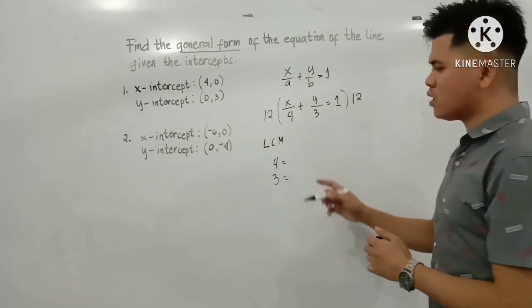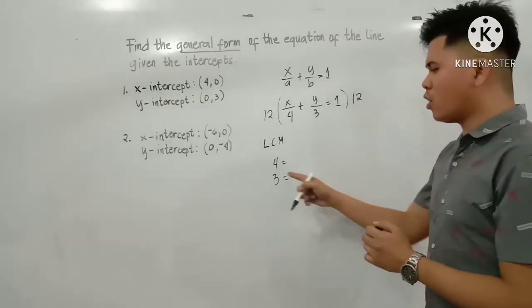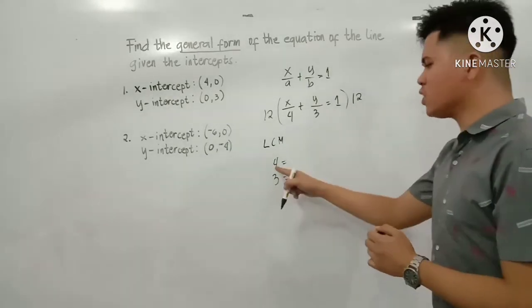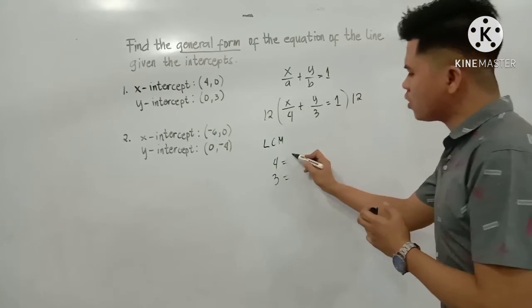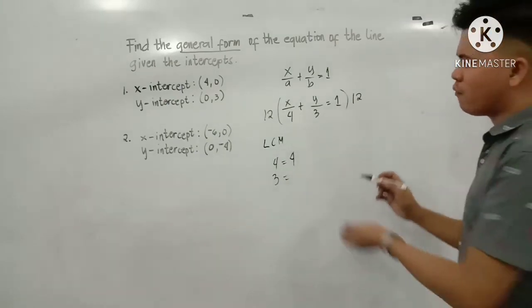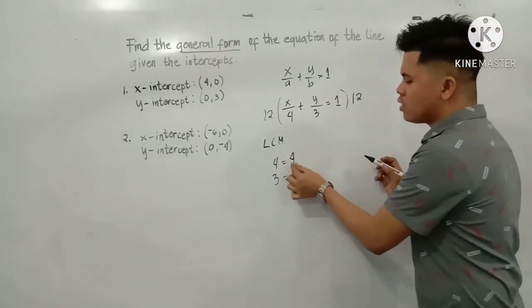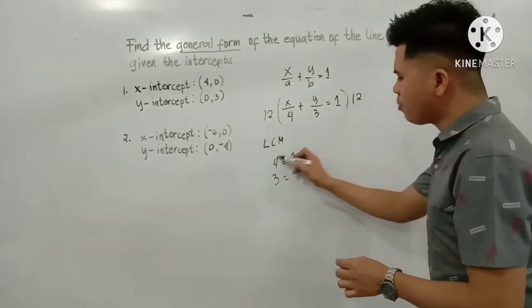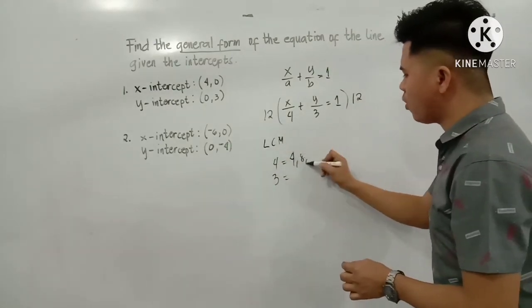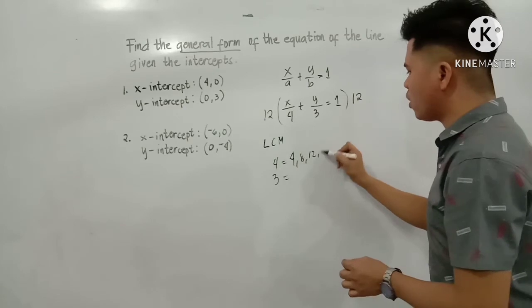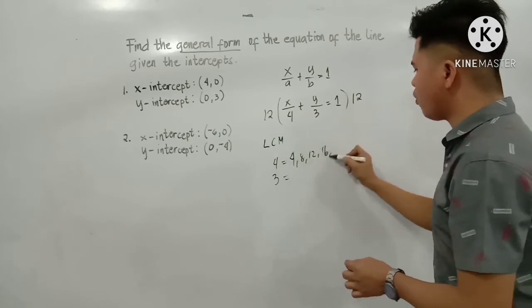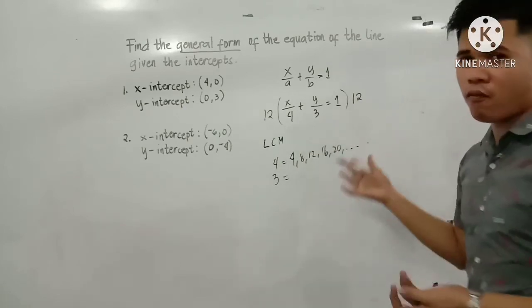Then we have to find the multiples of these two given numbers. So first 4. We start with itself, 4. Then to find the multiples, simply we add 4 by itself. So 4 plus 4 is 8. 8 plus 4 is 12. 12 plus 4 is 16. 16 plus 4 is 20. So on and so forth.